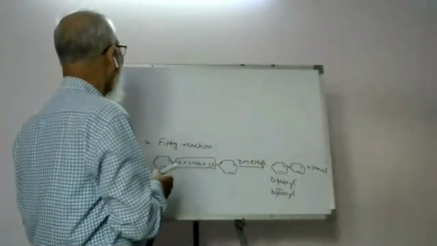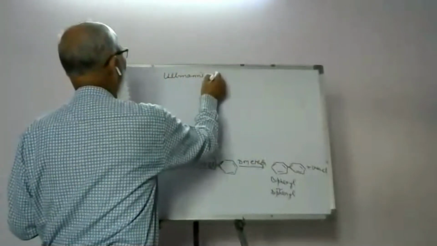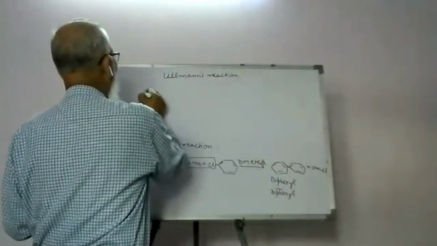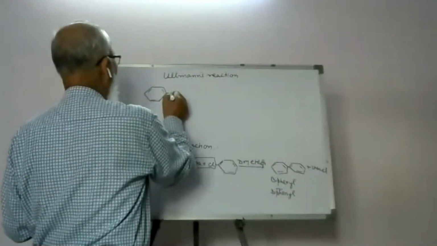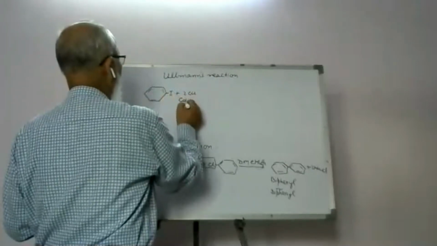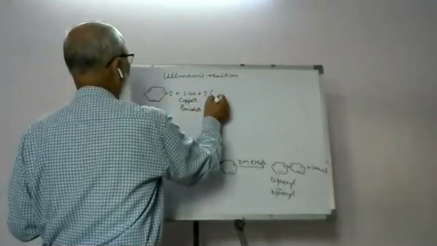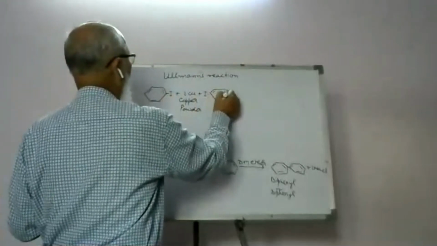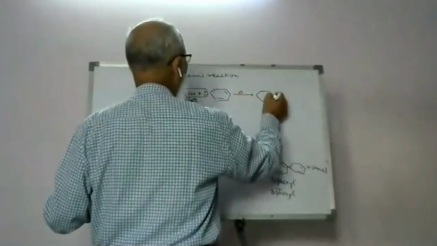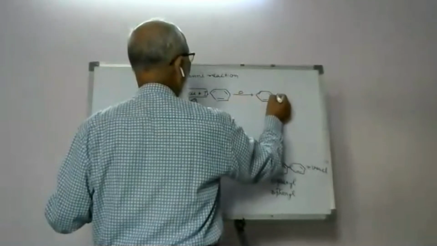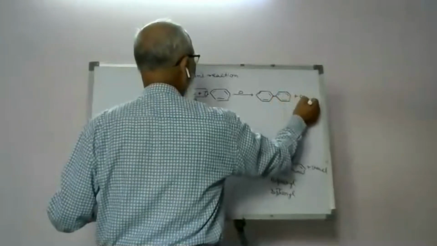So Ullmann's reaction, in which iodobenzene is heated with copper powder to give you biphenyl or diphenyl, and in addition to this there is formation of cuprous iodide.